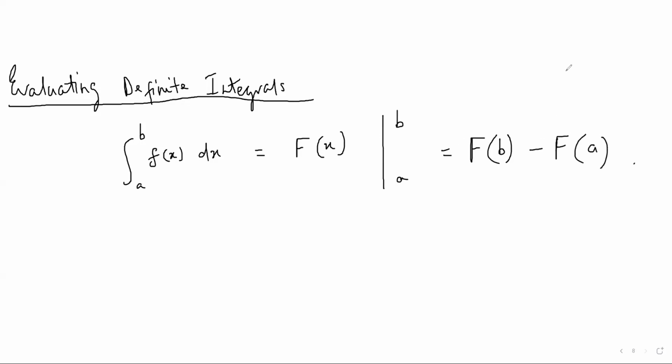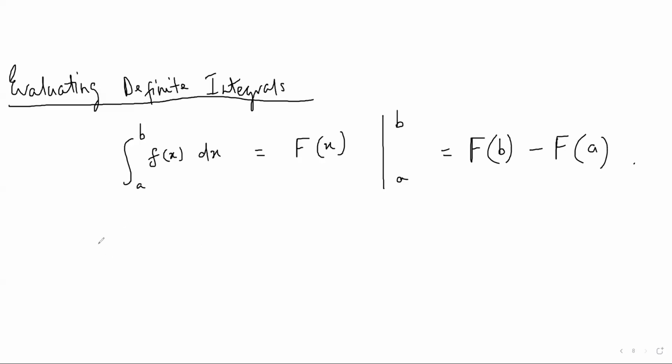So the integral of f of x with respect to x from the lower limit a to the upper limit b is equal to big F of x evaluated from a to b, which is equal to F of b minus F of a.